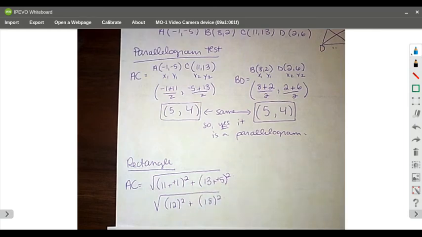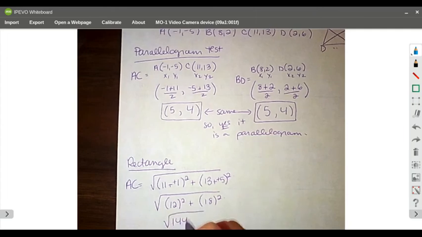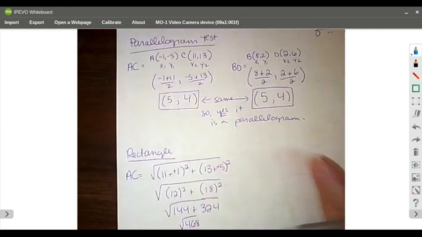So let's do that. We're going to have 144, and then 18 squared is 324. So 324 plus 144 is 468. And really, I don't even need to see. Oops, sorry, I just realized you can't see.